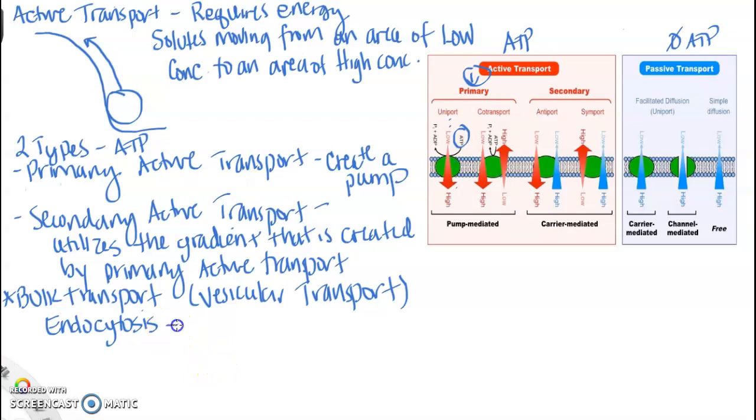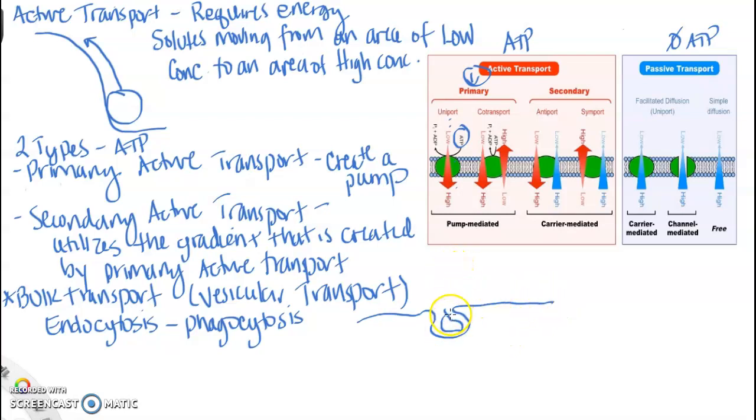And there are basically 3 types of endocytosis. So there is phagocytosis, and this is basically where the plasma membrane kind of reaches out and gobbles up some kind of particle within the extracellular fluid.